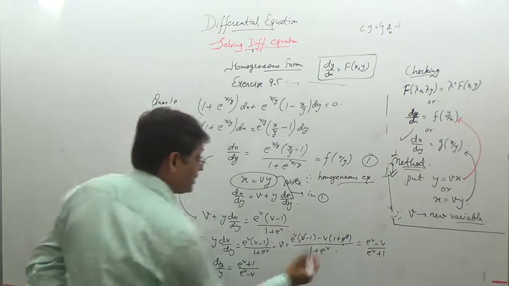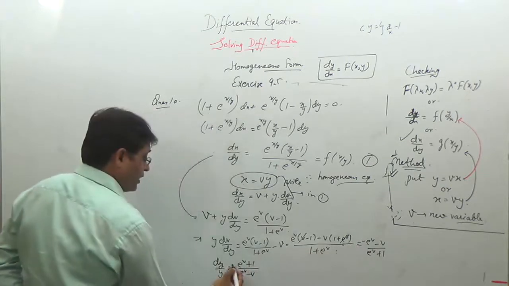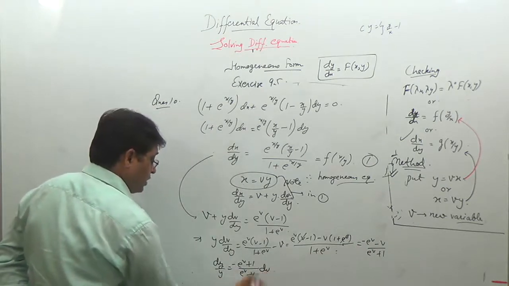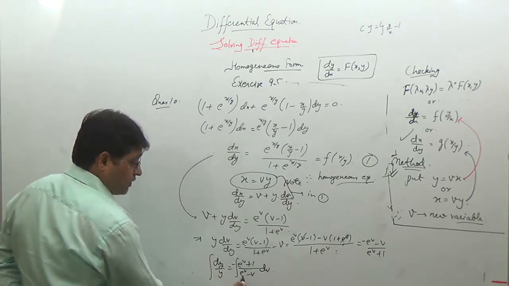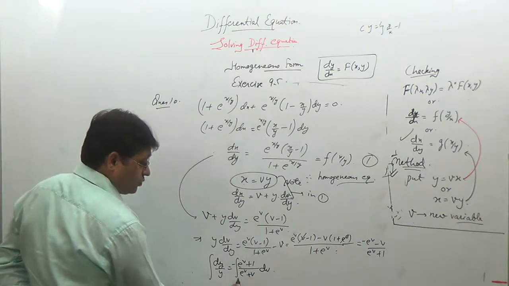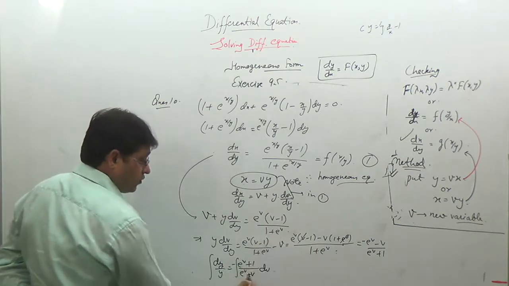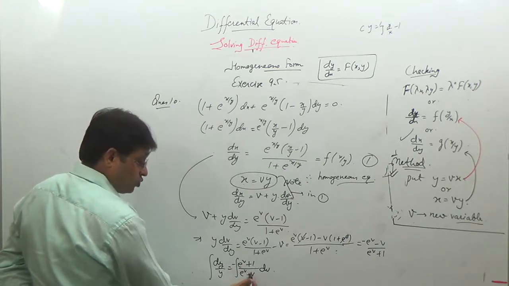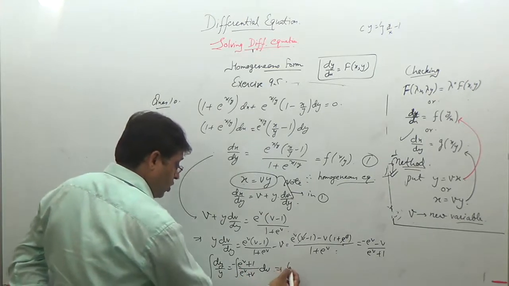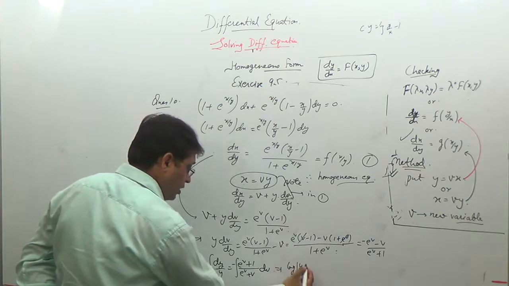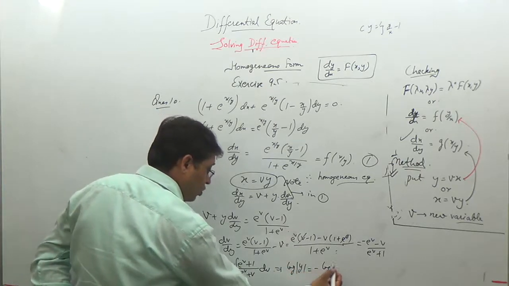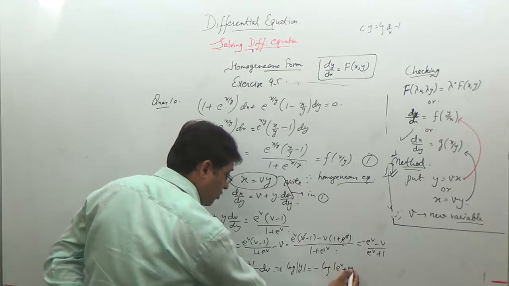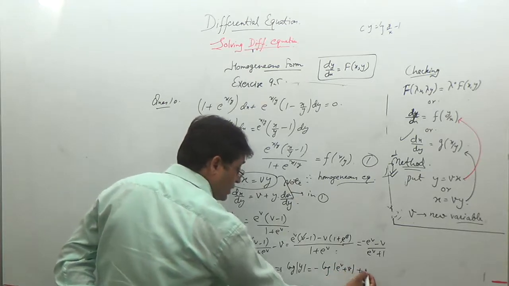minus v. Minus sign is here also. You can take minus out dv and then integrate. Now derivative of e raised to power v plus v is e raised to v plus 1. So this is log of y is equal to minus log of e raised to power v plus v plus a constant c.